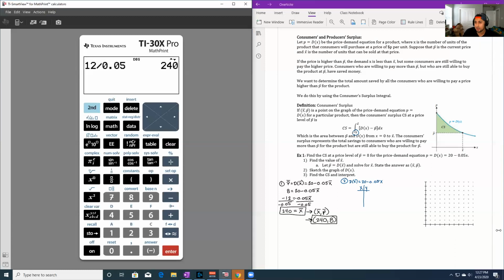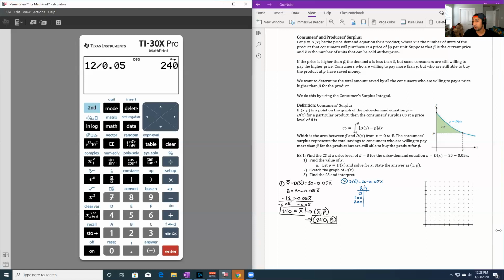But again, let me just add some information in there, just so we get a whole graph. So 0 is where we're going to start. Since my x bar value is 240, let's go by 100s. So I'll say 0, 100, 200.